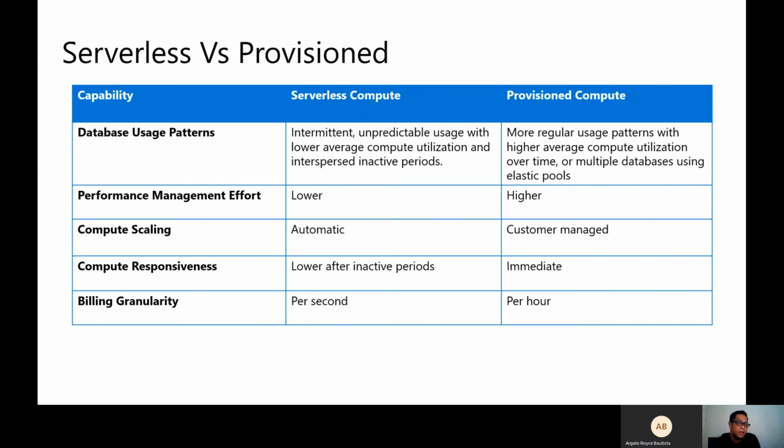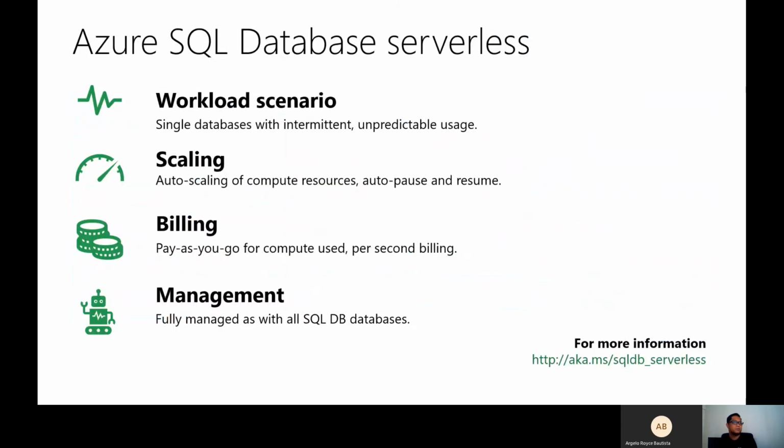But a warning here: it is billed per second, but it's billed higher than provisioned compute because of all the other features. So if you're going to use your database regularly, for example, if it's going to be in use most of the time, then serverless compute will cost more than provisioned compute. Like we said, it's for workload scenarios that are intermittent and unpredictable. So that's the summary of Azure Database Serverless for you. Any question?